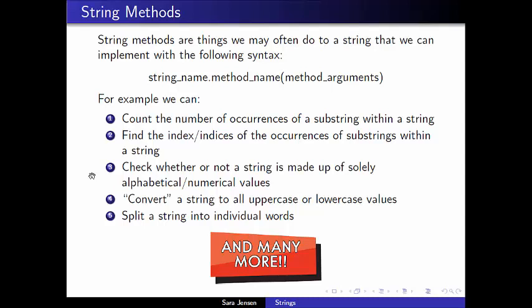And last but not least, we may want to split a string into individual words for some more advanced analysis, or to switch from indexing according to each character to counting where a word occurs as we would naturally see words. And of course, there are many, many more string methods, but these are some of the most common ones and the ones that we'll do some examples with.